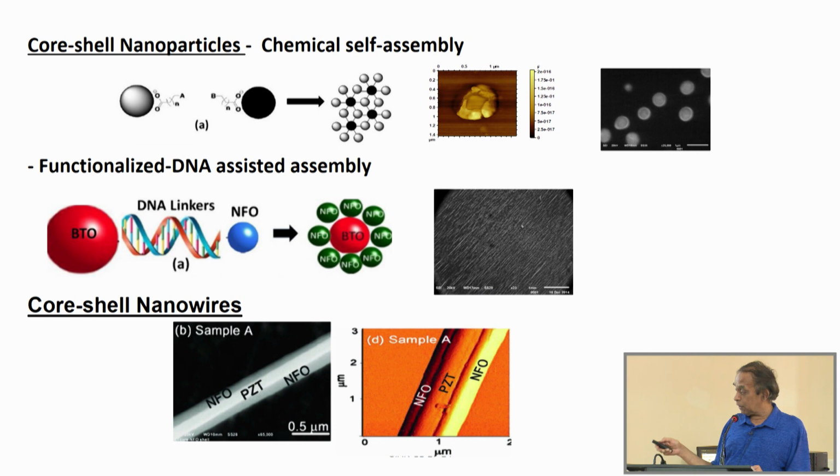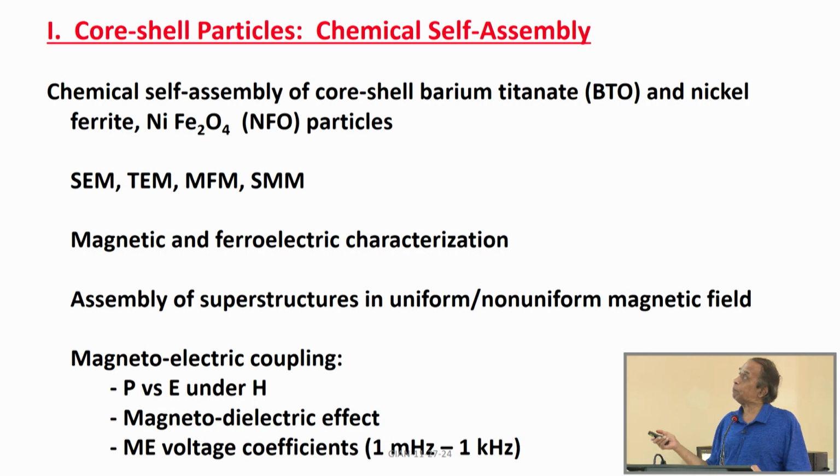Fibers, we already talked about. For the chemical self-assembly we used particles of barium titanate and nickel ferrite, and they were assembled and characterized by a variety of imaging techniques, including transmission electron microscope, scanning electron microscope, and also various scanning probe microscopy, including AFM, MFM, and SMM.